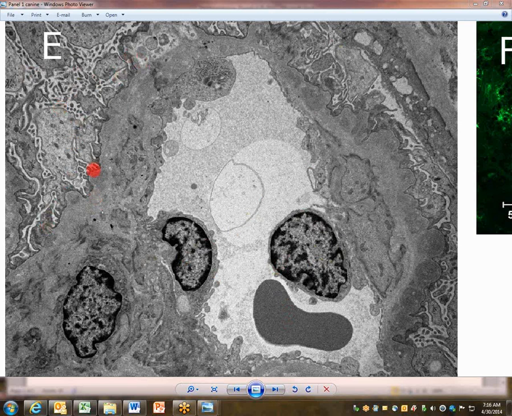There's a little bit of discernible foot process, but mostly they're effaced here, and here, and here. And out here, this is villus transformation, is it not? And off screen is probably some of that podocyte or visceral epithelial cell hypertrophy that you were commenting about before.